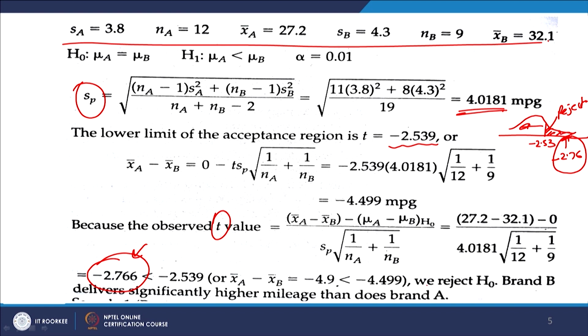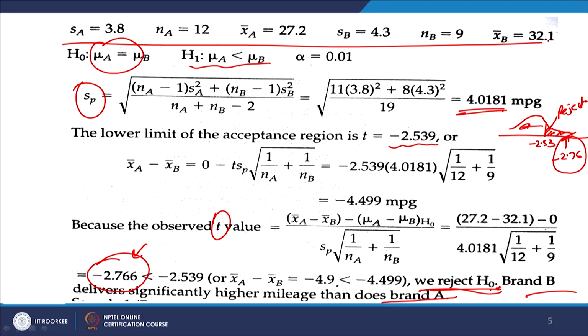So, we will reject the null hypothesis, and when we reject this hypothesis, we will say that yes, the mileage of brand A cars is lower than the mileage of brand B cars. Or in other words, brand B delivers significantly higher mileage than brand A, one and the same thing.